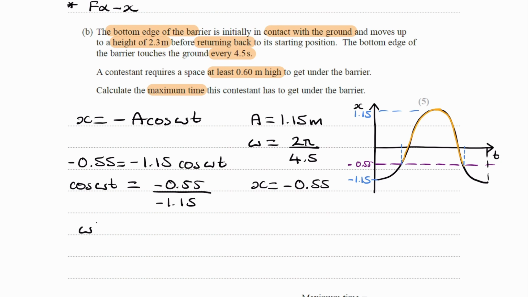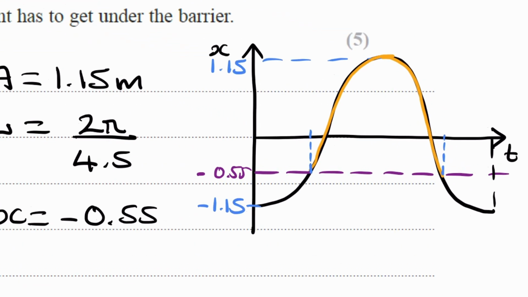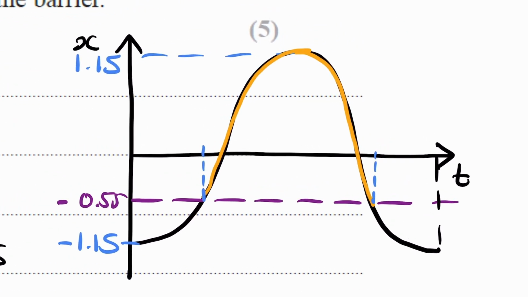If we do inverse cos of the right-hand side of that equation, that gives us 1.0721. And then we can divide that by omega. So 1.0721 all over omega, which again is 2 pi over 4.5, and that gives us 0.7679 seconds. So that would correspond to this time over here.